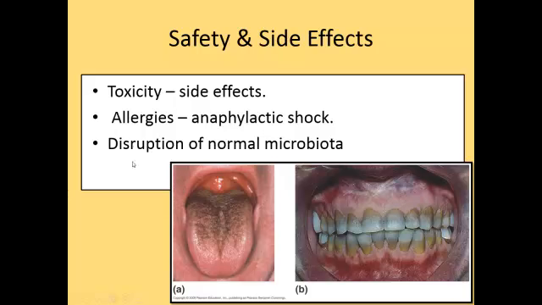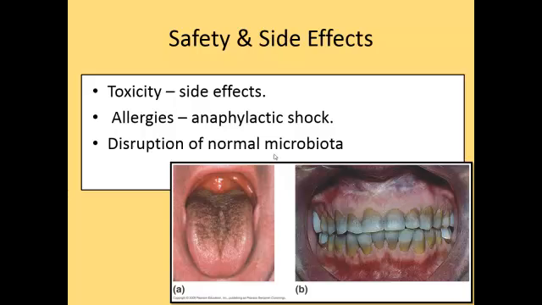And then we've talked about the disruption of normal microbiota, especially with broad-spectrum drugs. You decrease your normal microbiota, you cause superinfections to happen with parts of your normal microbiota that survive and then can grow and cause disease, or you can leave yourself open for a secondary infection, an organism coming in from the outside and causing disease.